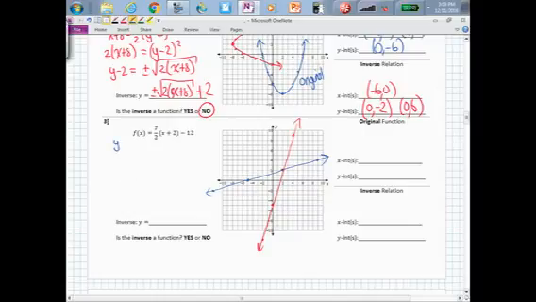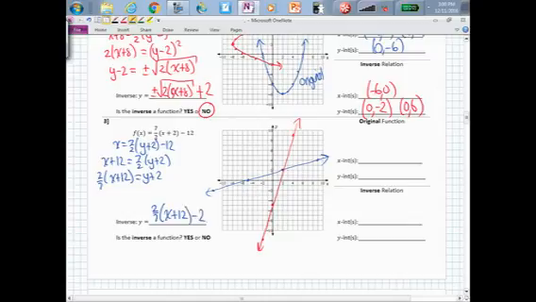So let's say x equals 7/2 y plus 2, minus 12. So it's going to be x plus 12 equals 7/2 times y plus 2. Multiply both sides by 2/7. 2/7 times x plus 12 equals y plus 2. Therefore y equals 2/7 x plus 12, minus 2.